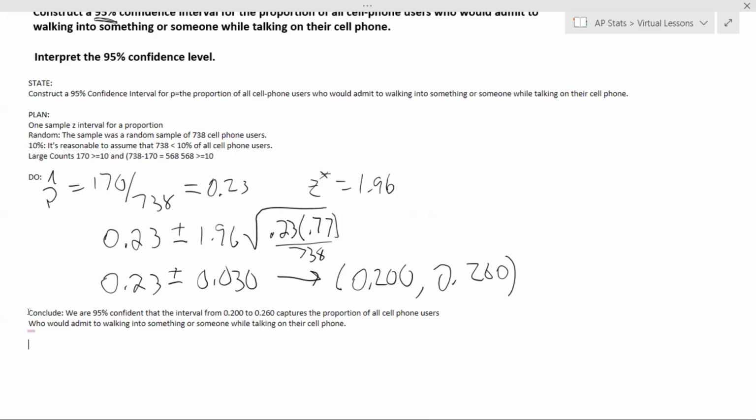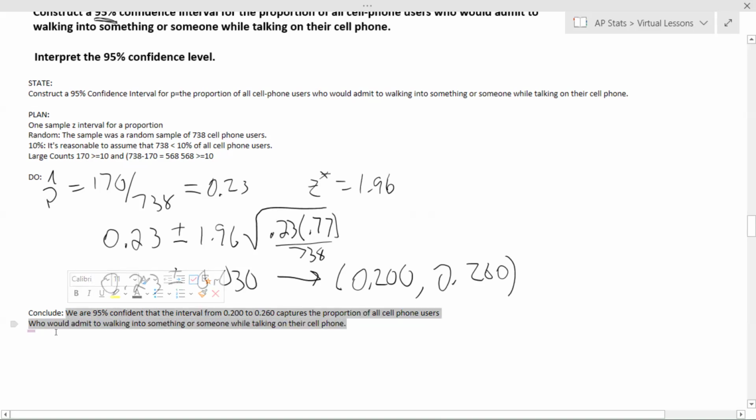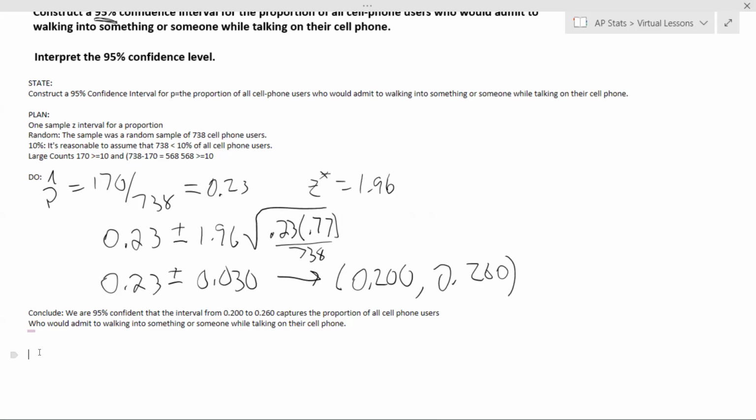We can't forget part B, the second part where it says interpret the 95% confidence level. Our conclusion down here is basically interpreting the confidence interval. When we want to interpret the confidence level, that's a different interpretation.